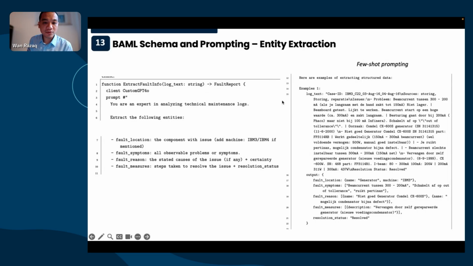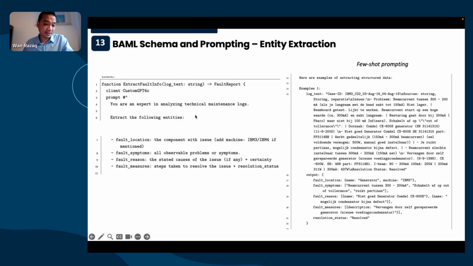I use few-shot prompting, meaning that in such prompts, I put some examples of the fault cases, the output format, and examples in that particular language. As you can see, this is the prompt: You are an expert in analyzing technical maintenance logs.